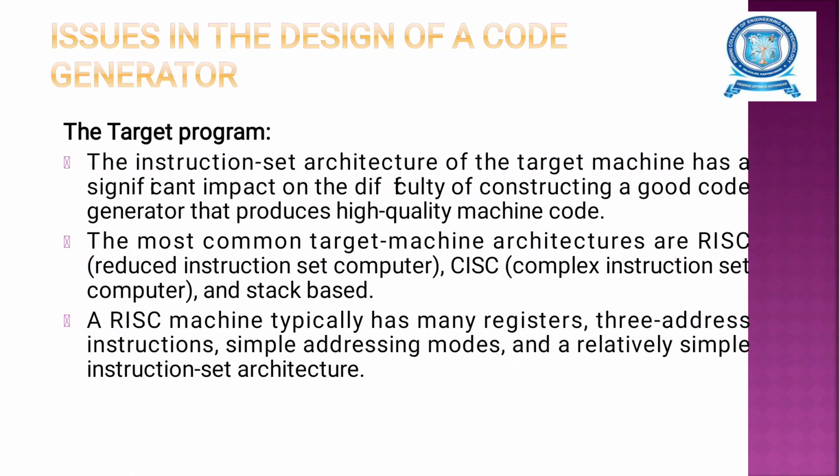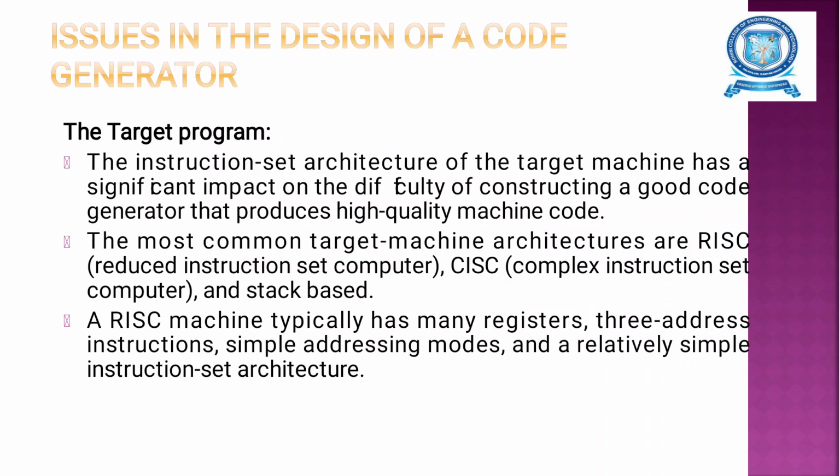For the target program, the compiler generated target code is in machine code, and it has a significant impact on the difficulty of constructing a good code generator that produces high quality machine code. The most common target machine architectures are the RISC architecture, the CISC architecture and stack based.